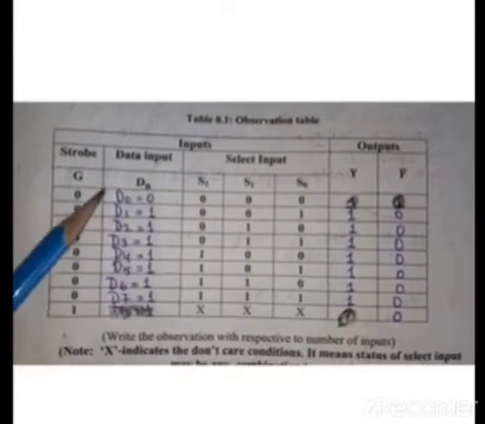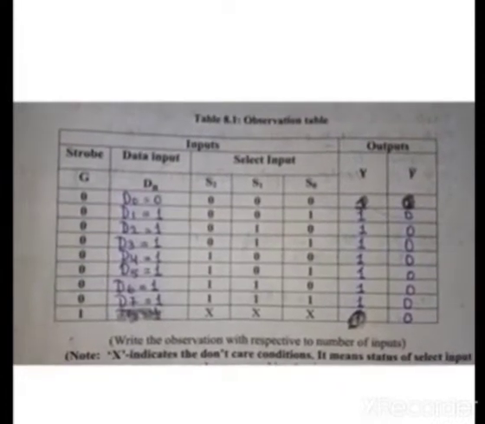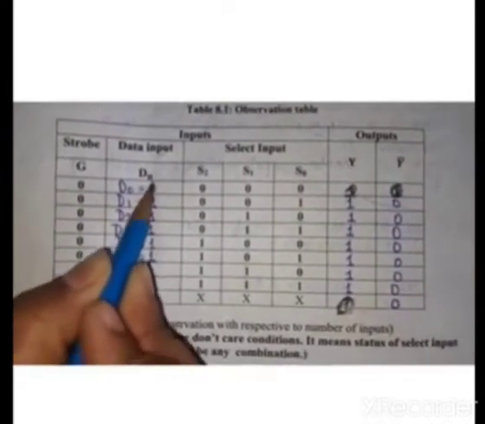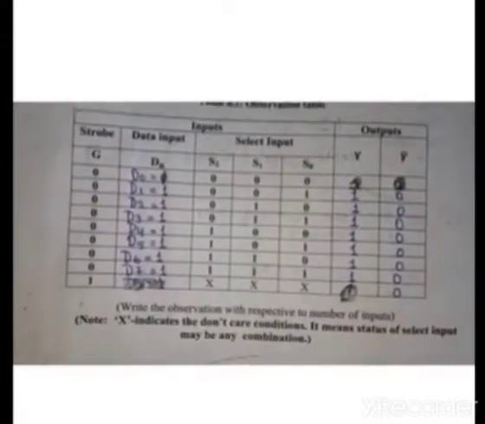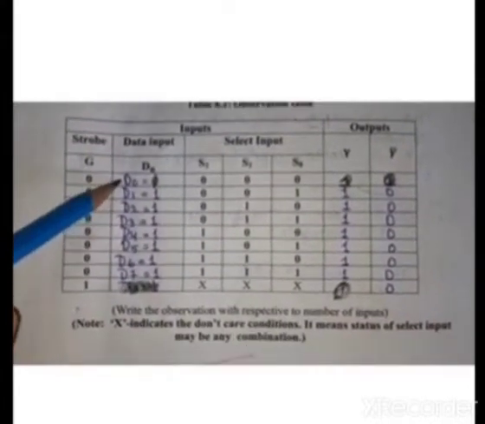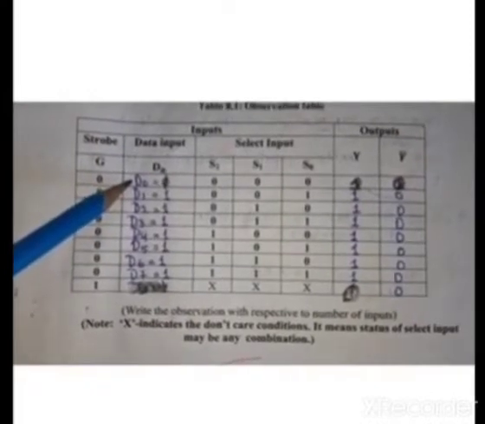Initially we will give logic 1 to all the data inputs, that is from D0 to D7 we will put all logic 1. Accordingly, I am going to select the select lines and check for the output.